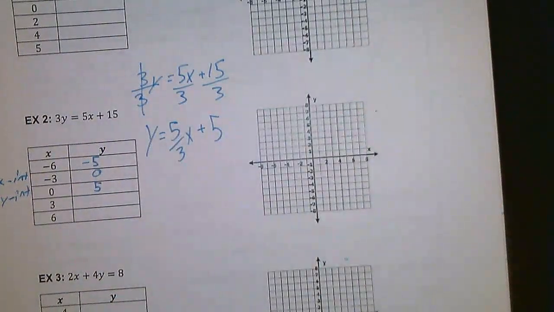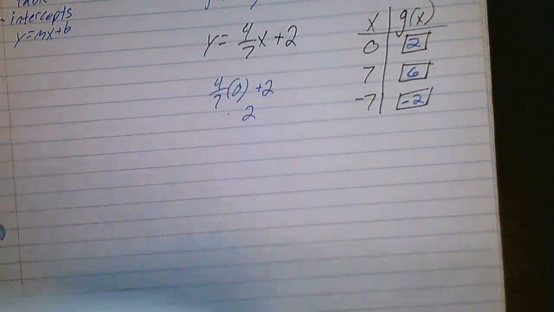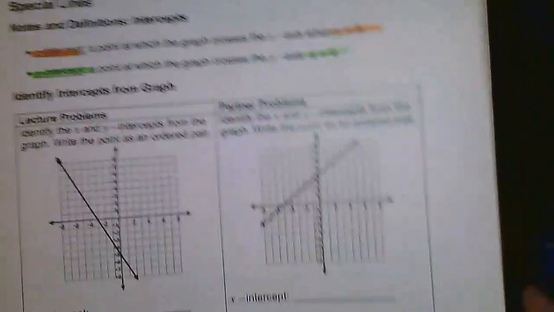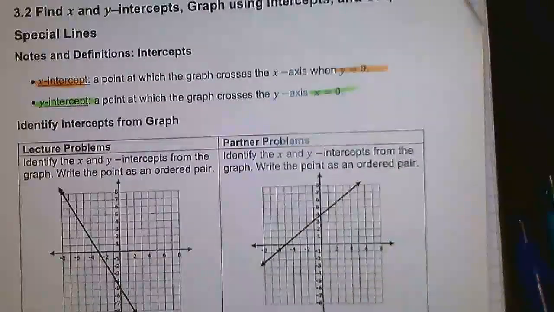The last thing we're going to talk about in this video is the notion of intercepts. I've already been talking about it a bit. This is page 9 of this document.